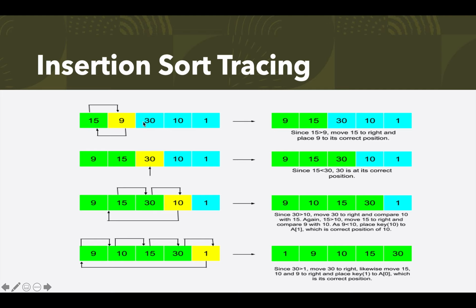So what you have to do is move 15, right? 15 has to be shifted one place above, so that I can find room for inserting 9. Since 15 is greater than 9, move 15 to the right and place 9 in its correct position, okay.